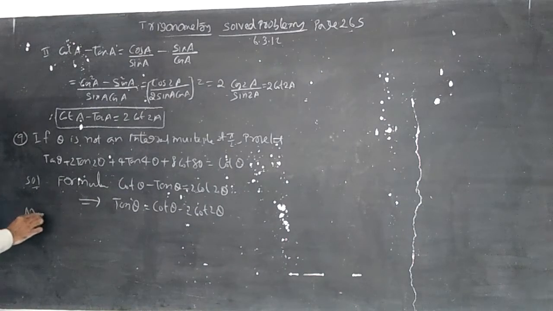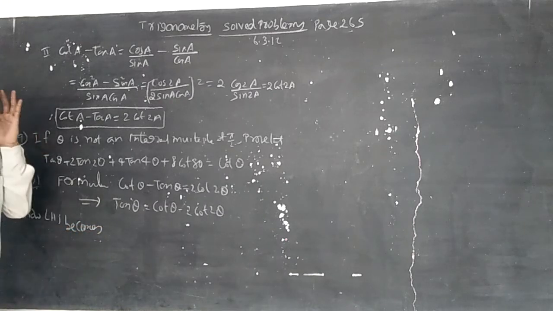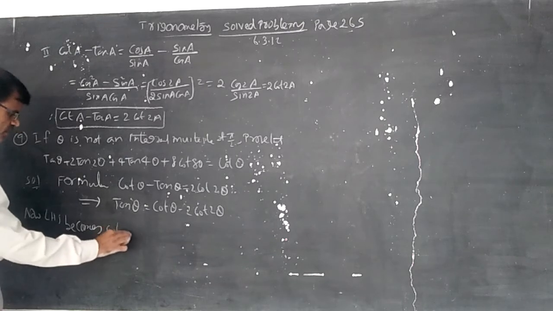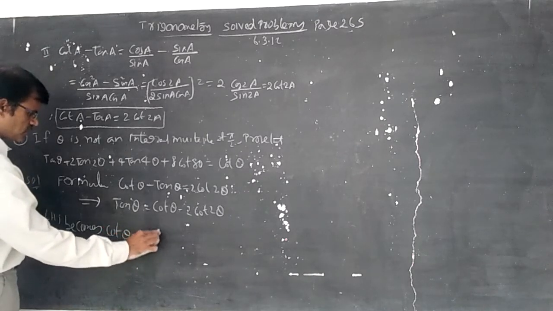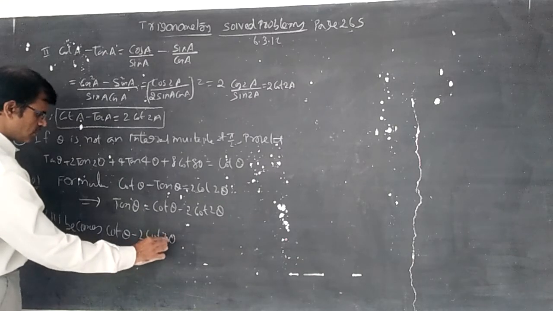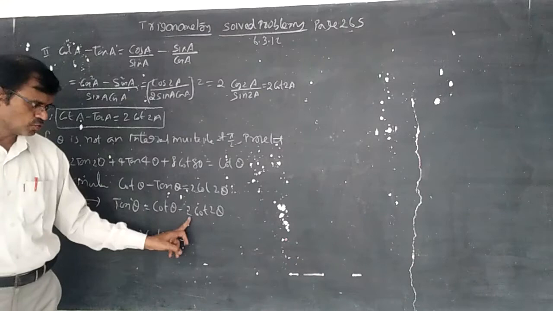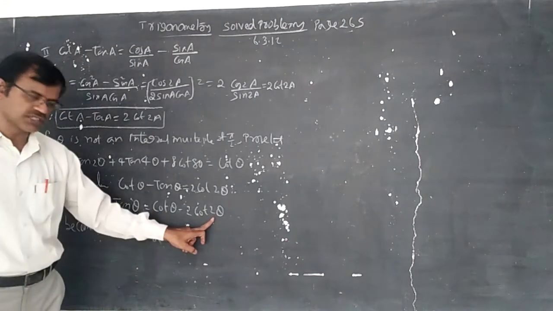Now the LHS can be changed. Instead of tan theta, you write cot theta minus 2 cot 2 theta. Try to understand: here 1 theta is there, here 1 theta, and 2 is the formula, here 2 theta is there. If it is 2 here, this is 2 and this is 4.